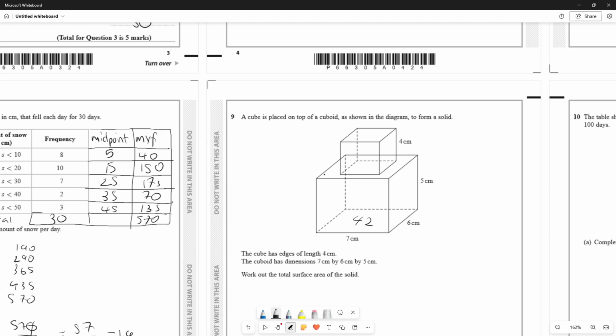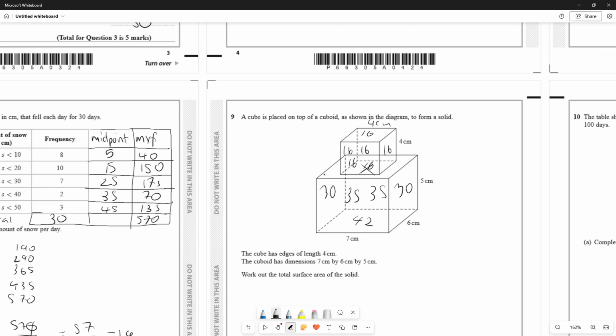5 times 6 is 30, so we have 30 over here, and we have 30 over here because it's the same side. Over here we have 7 times 5, so we have 35 here and 35 at the back. Okay, let's do it for this cube now. A cube has all sides the same, so this would be 16 on the top, 16 on each side, and so on.